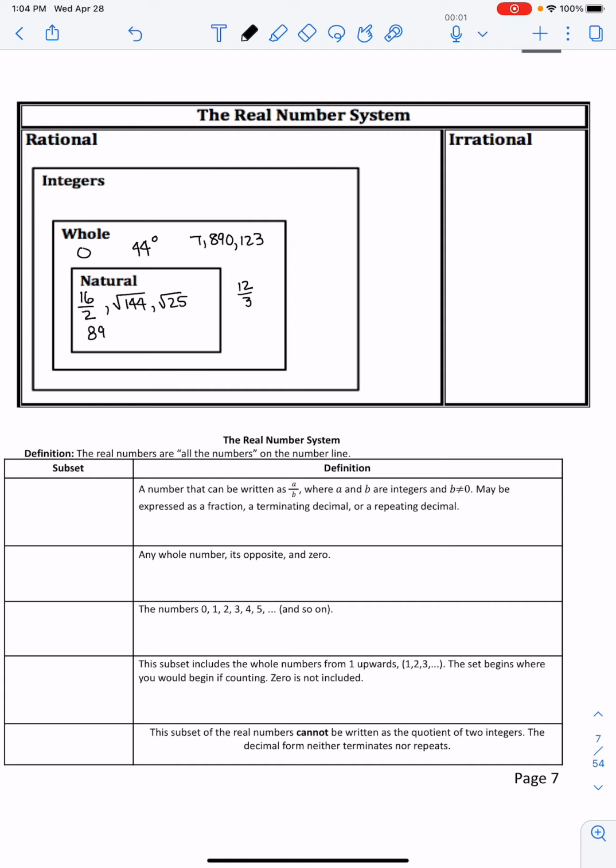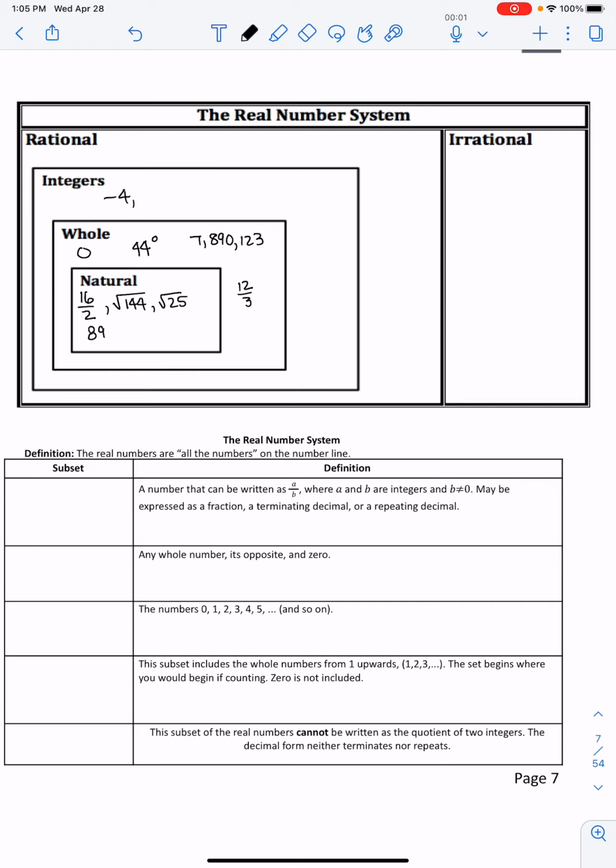Integers are any numbers and their opposites, as long as they are whole numbers. Again, no fractions, no decimals, okay? Such that they can be negative or positive. So we can include -4.